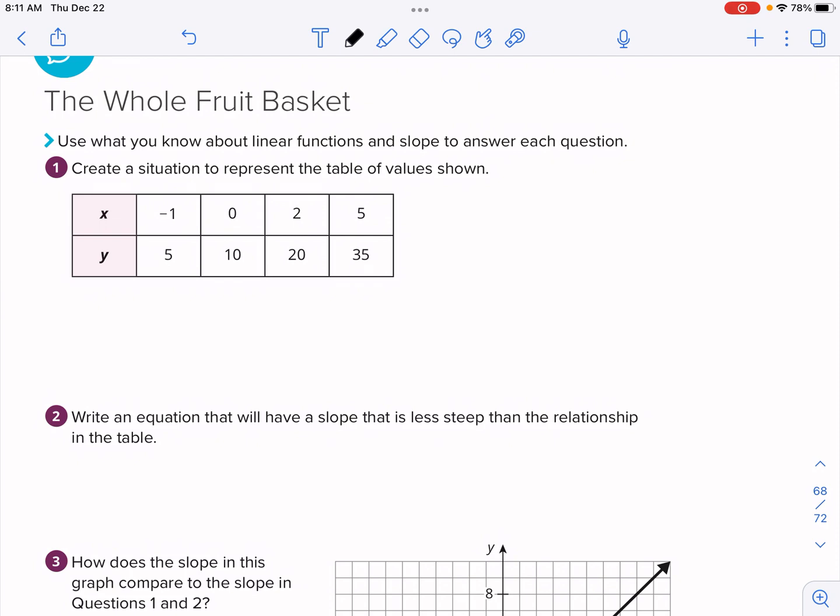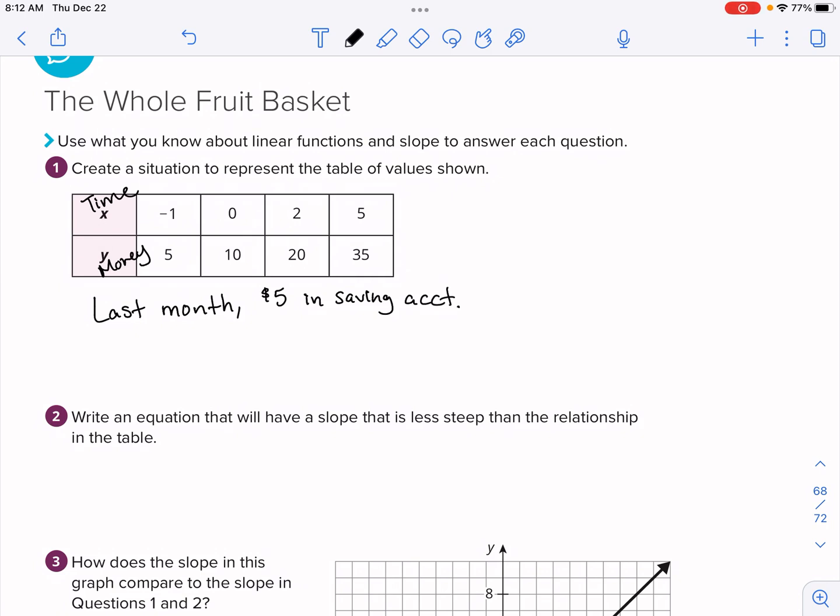So if we think of x as time, let's think about this in terms of money. Is this spending money? Is this saving money? We can say that someone saved money, so $5 in a savings account last month, for -1.